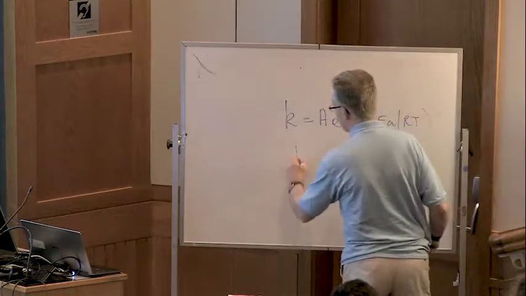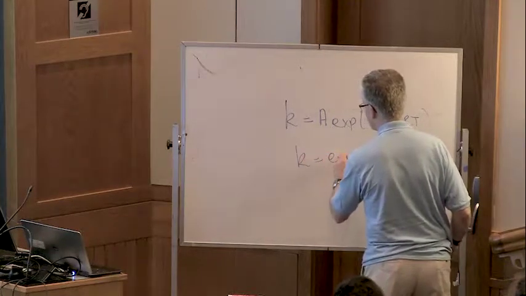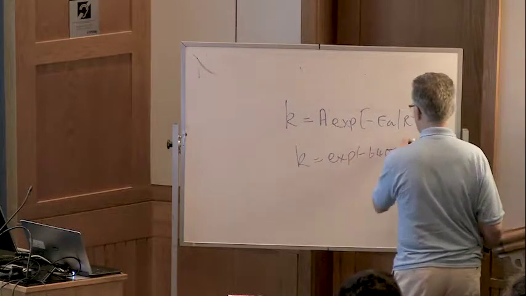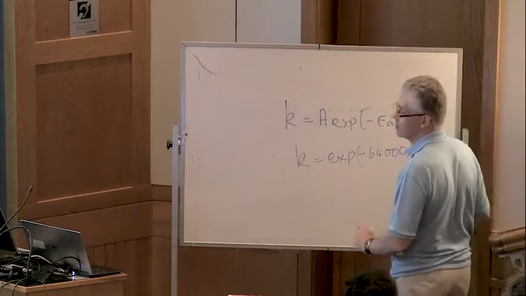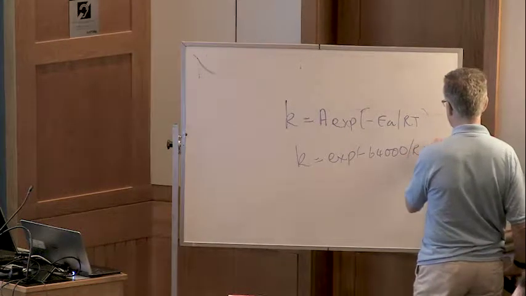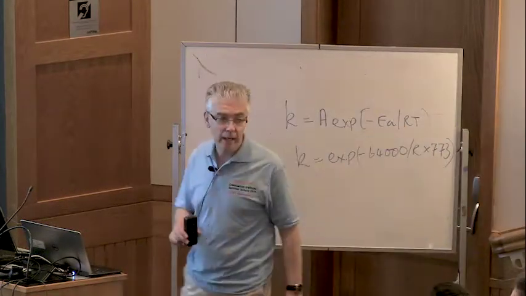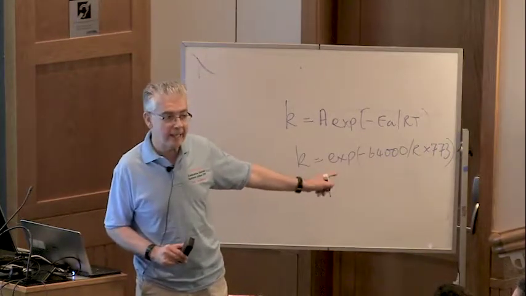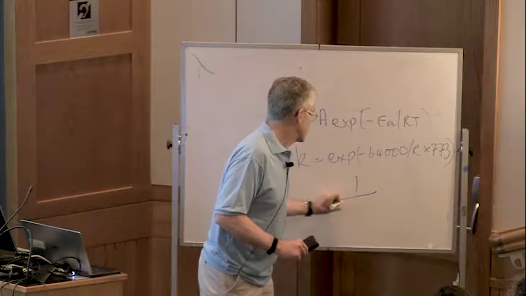Okay, so k is equal to the exponent of minus 64,000 all over R times 773. Okay, and when you calculate that, it's 1 over 21,000.